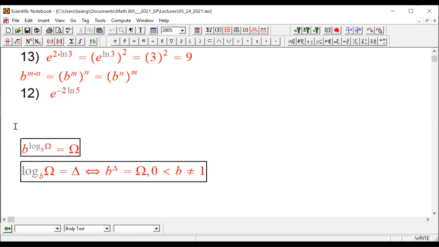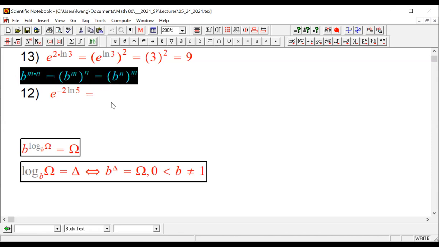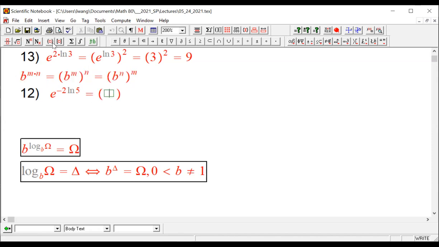Once again, we cannot apply this property directly. We can use a similar property. Have something inside, have something outside, and you decide which one is m, which one is n, it really doesn't matter.